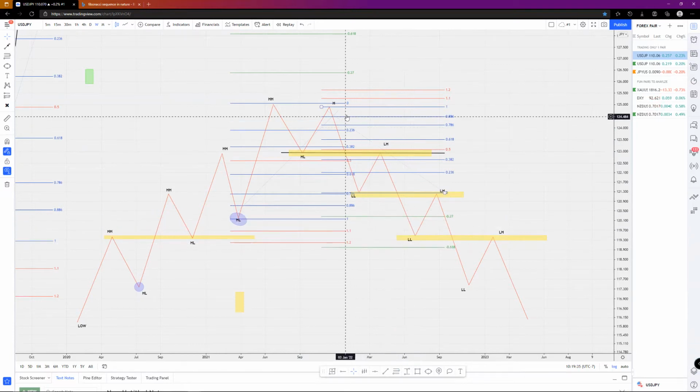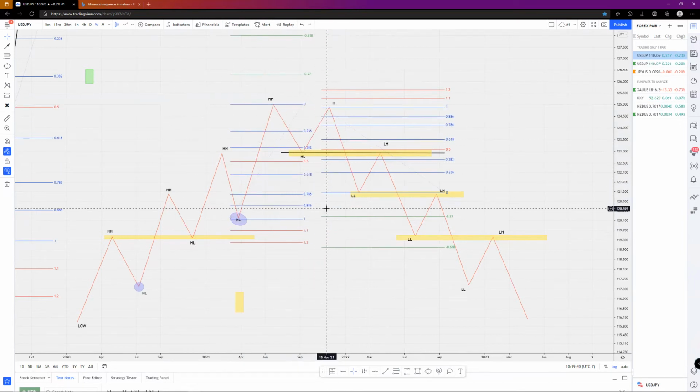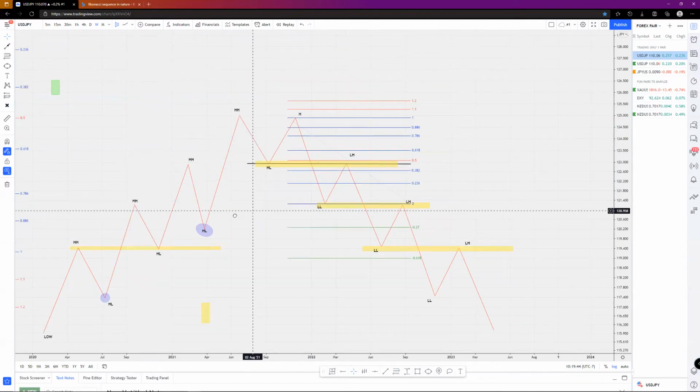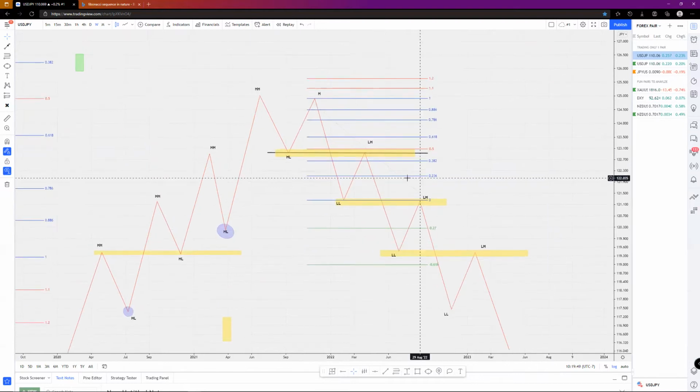So I wouldn't necessarily, you could keep these lows in mind, right? But understand that whatever is holding up is majority what's going to be continued.